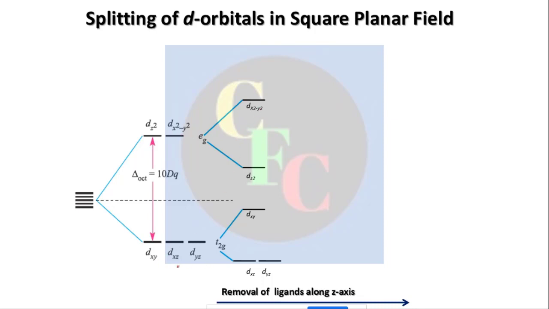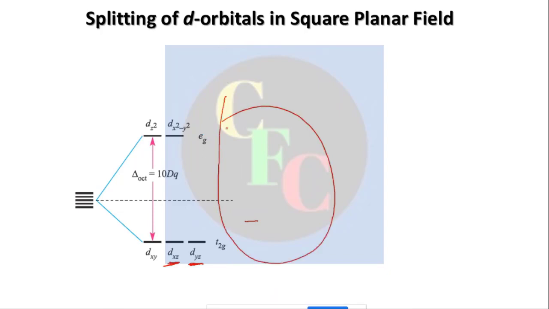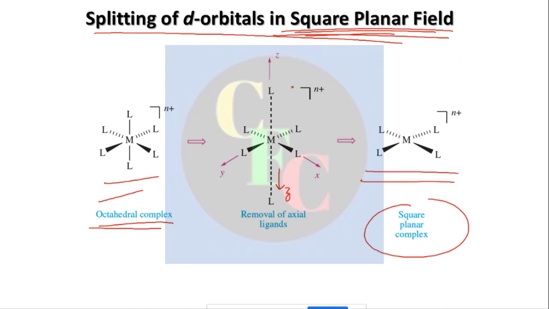Same will be the case here: anything with components of z, so these two, xz and yz, will go down, and this xy will go up. So this is the picture that corresponds to this one.